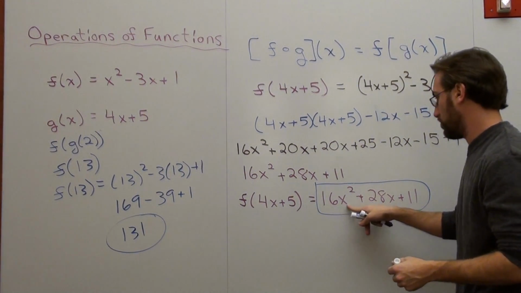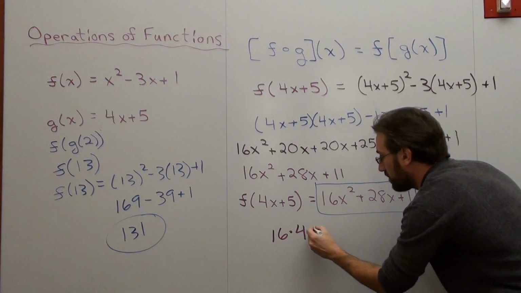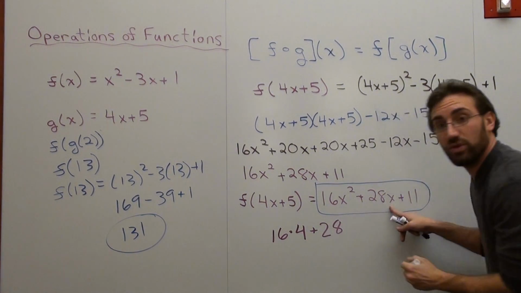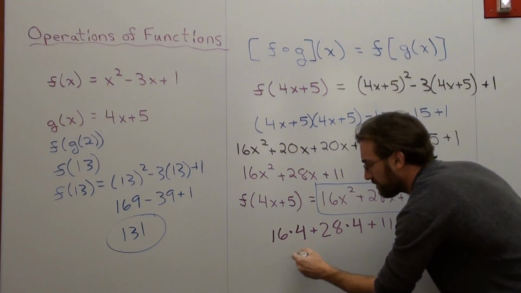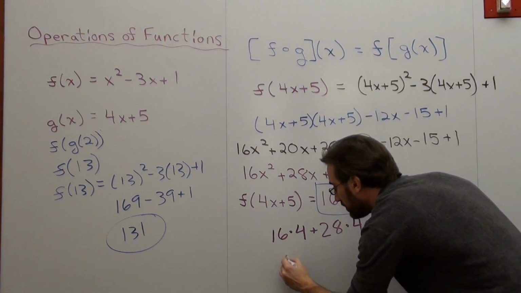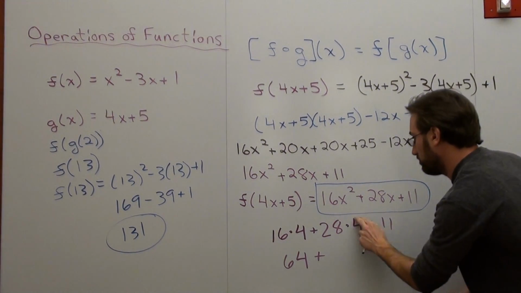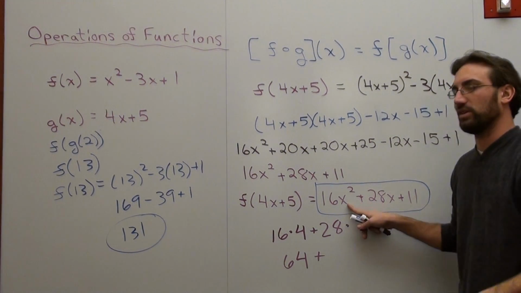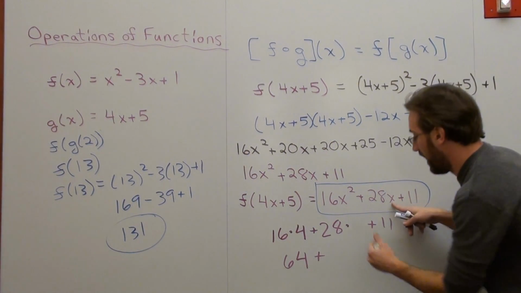So that's 2 squared, which is 4. So it's 16 times 4 plus 28 times 4 plus 11. 16 times 4 is 64 plus 28. Ooh, I got a little ahead of myself. Okay, let me explain that. 2 squared is 4. X is still 2.